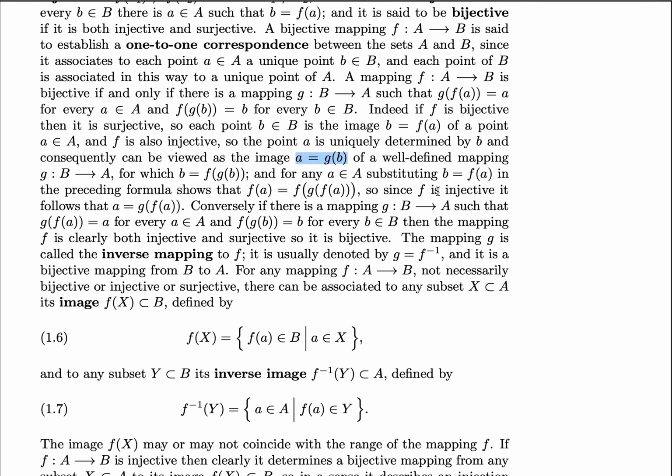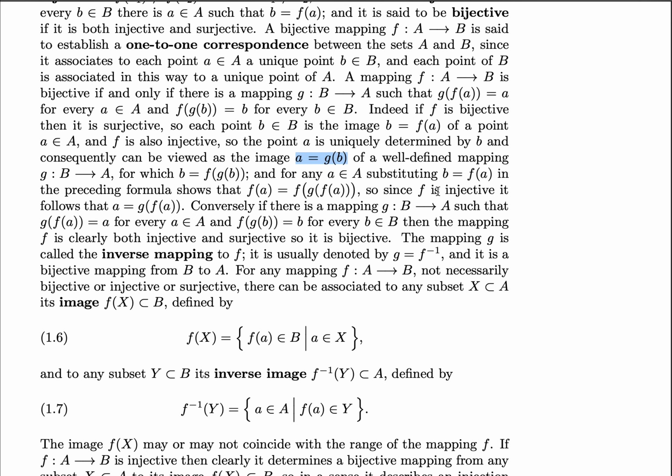Given that we have b is equal to f(g(b)), and additionally for any a in A, if we substitute b is equal to f(a) in the preceding formula, then we know that f(a) is equal to f(g(f(a))). So since f is injective, it follows that a is equal to g(f(a)). So we have a well-defined function, g, that obeys the rules we want it to.